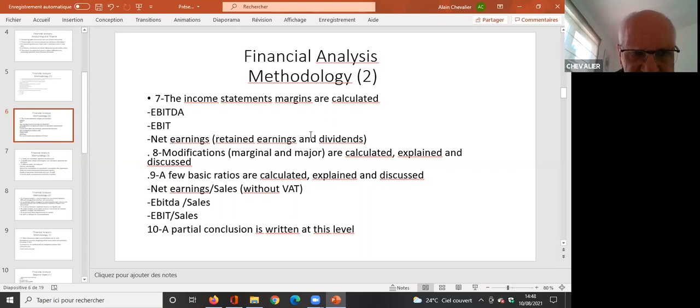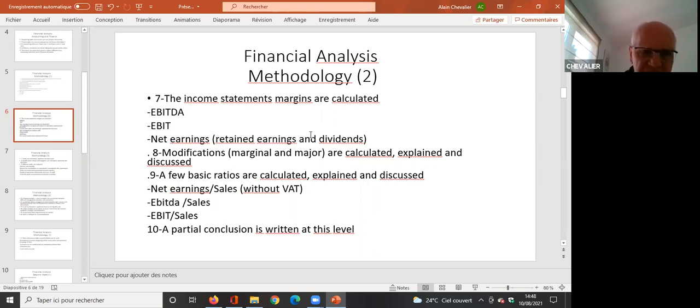the EBITDA, earnings before interest, taxes, depreciation, and amortization, and this is what you are supposed to use now with the IFRS system. It's not anymore the US based system.